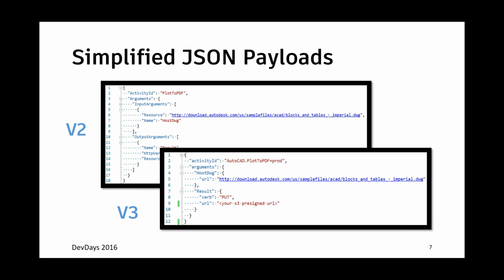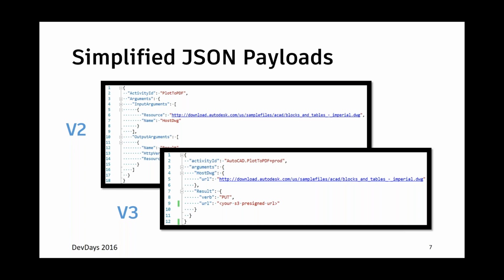In V3, we've simplified it a little bit. The arguments, where before you had to specify the input argument and the output argument, we now infer based on the verb. So in the top of V3, you can see that the user hasn't supplied a verb, so we infer that this is a get command, since it's one of the input arguments. So Design Automation will go to that specified URL and get the work items needed.